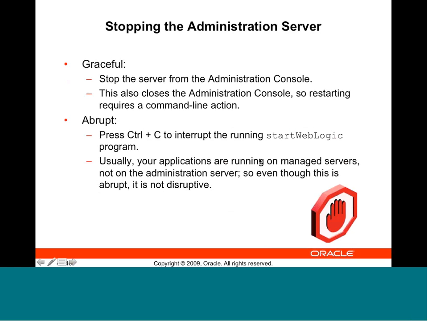There are two types of shutdown. One is graceful and second is abrupt. Graceful will stop the server from the administrative console. So in order to start the server once you have done graceful shutdown, you need a command line action.